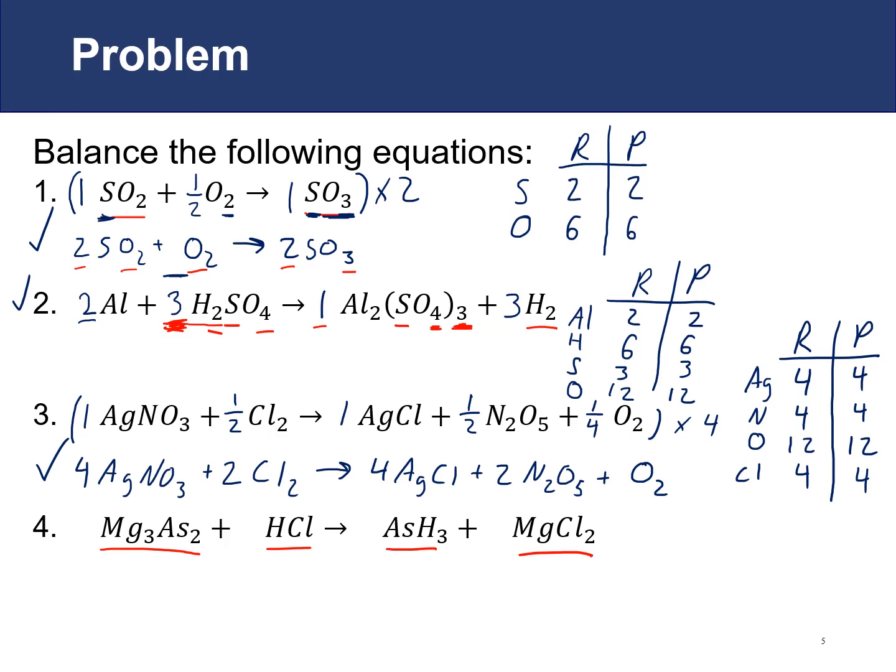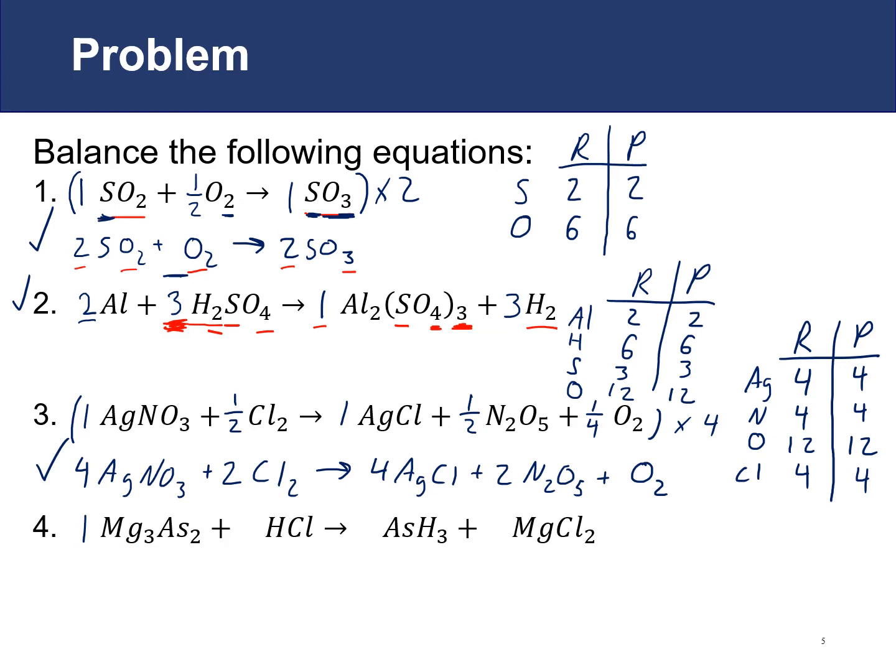So what I'm going to do is use the one with the largest subscripts. This will reduce the likelihood of me having to resort to working with fractions. So the one that I will use will be the Mg3As2. So I'm going to put a 1 in front of here unless I see a good reason to do otherwise, which I don't.